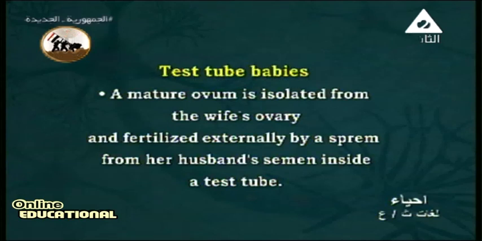Test tube babies: how to produce a baby by another method, if there is a problem in the uterus or a problem in the ovary. A mature ovum is isolated from the wife's ovary and fertilized externally by a sperm from her husband's semen inside a test tube.